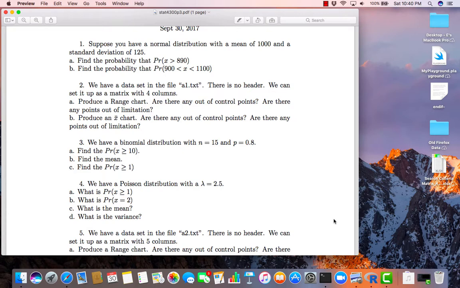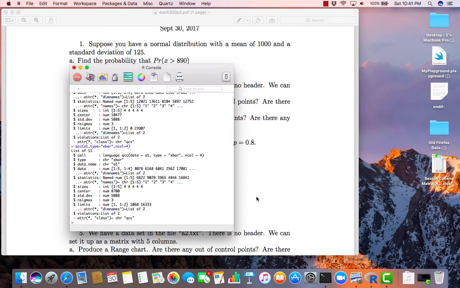My fault, 0.8. Find the probability that x is greater than or equal to 10. All right, let's go back into R. Now, this is a discrete random variable as opposed to the normal. So we need to think about this a little bit.